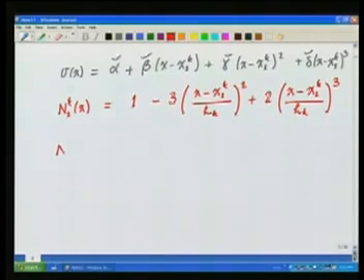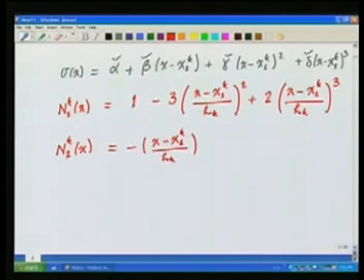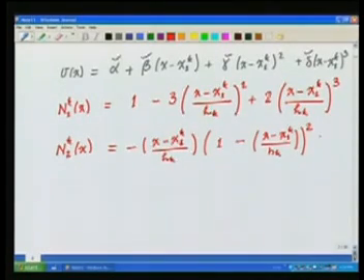Similarly, n2k as a function of x comes out to be minus x minus x1k over hk into 1 minus x minus x1k over hk, whole squared, into hk.